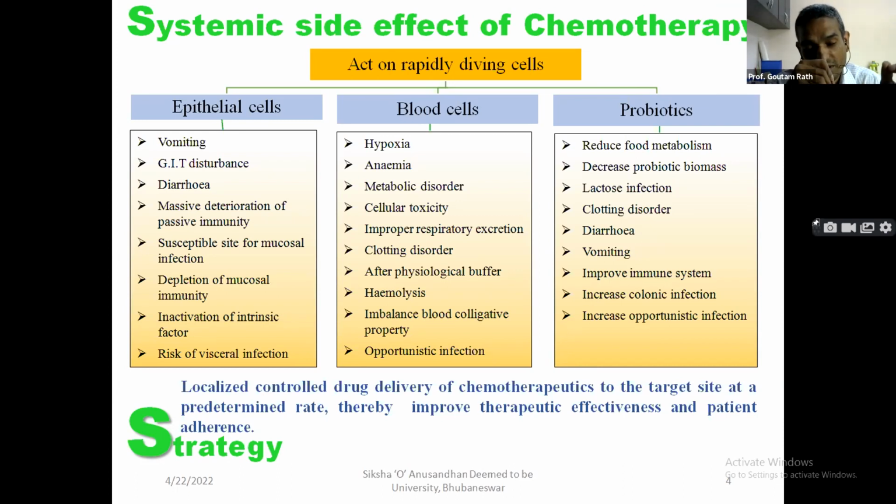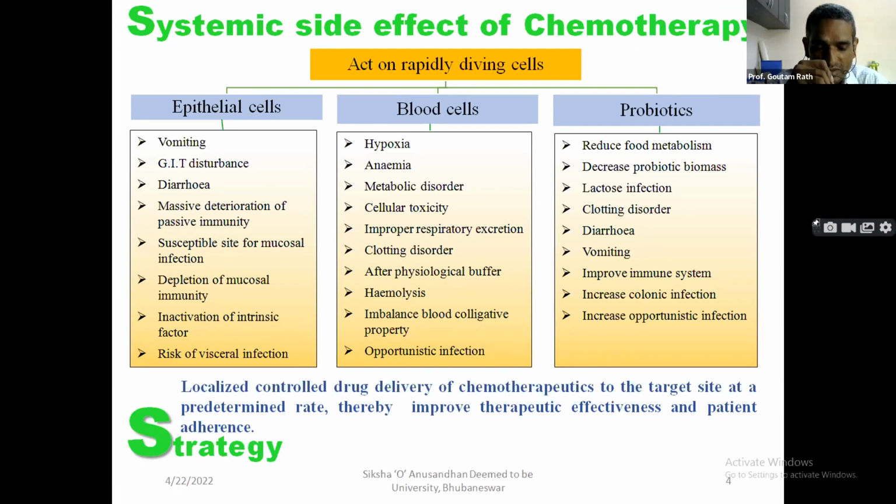Only that I would like to convey: just 20 years back, the scientists investigated the potential of nanofiber.